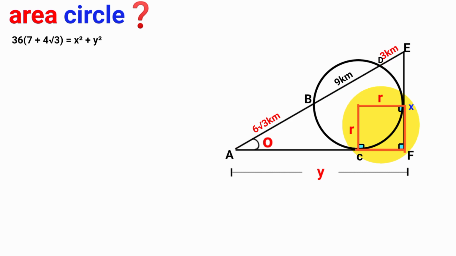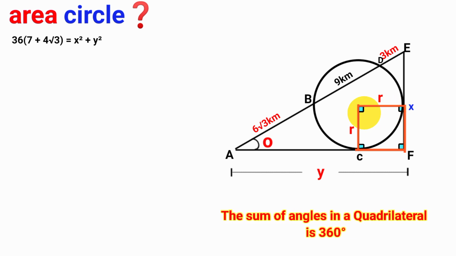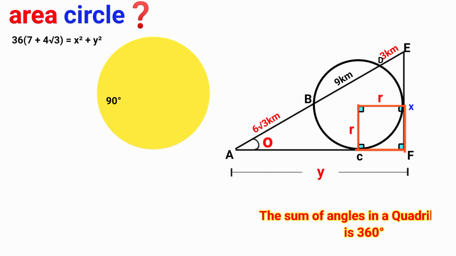Now look at this quadrilateral. Since this angle, this and this are right angles, the fourth angle will also be a right angle, because the summation of angles in a quadrilateral is 360 degrees, and 360 degrees minus 90 minus 90 minus 90 degrees is 90.